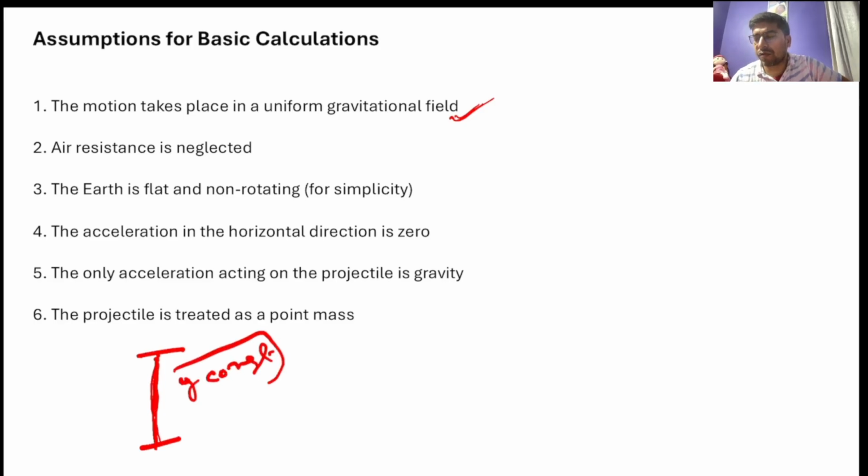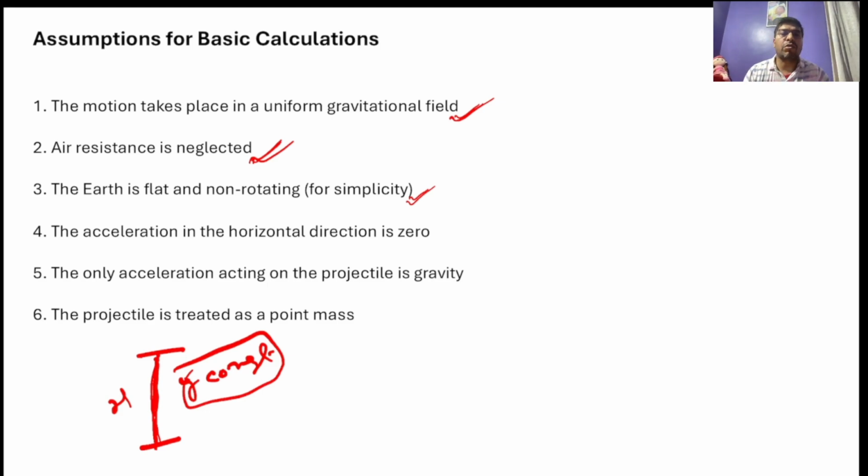It's not going to vary for a small height. Next, we have to consider there is no drag force, which means there is no air resistance or air friction force. Also, we have to consider the Earth is flat and not rotating, right?